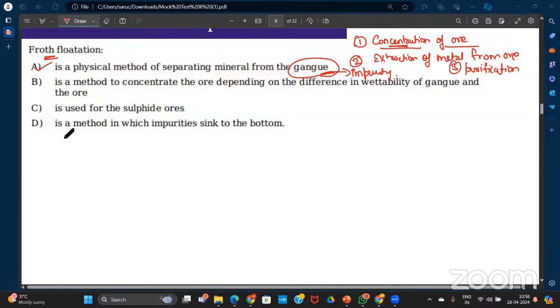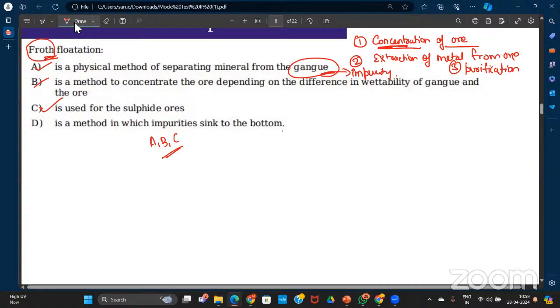In this method, the mineral particles come to the surface as froth, so that is said to be froth flotation. What is meant by froth? Froth is nothing but the foam which comes out. So it comes out at the top layer. It will not go to the bottom. So options 1, 2, and 3, that is A, B, C, are right.